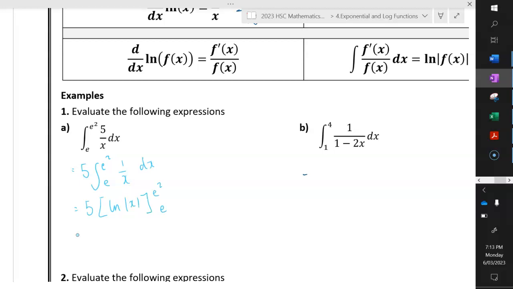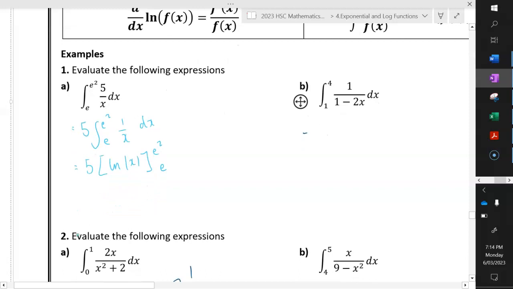Now, because in this case the x values that I'm going to pop in there, the e squared and the e, are positive, it doesn't really matter whether I have that absolute value in there or not. Because if you think about what we just talked about with that piecewise function, when x is greater than 0, it's going to work out as just log of x anyway. But I'll leave it in there.